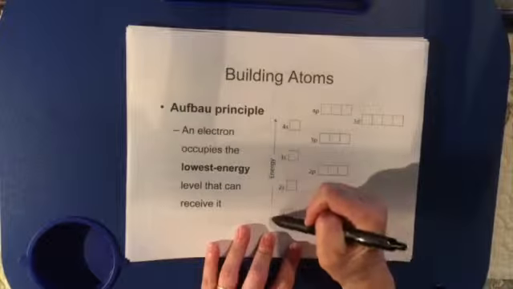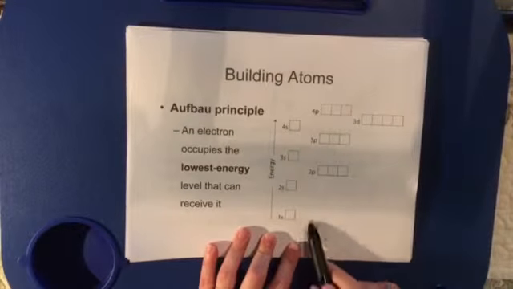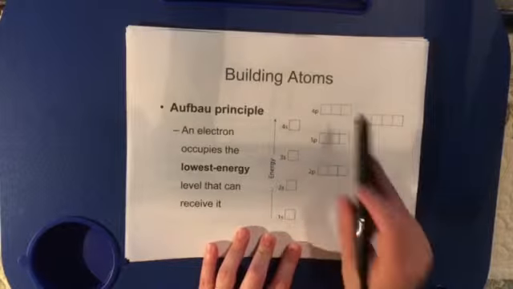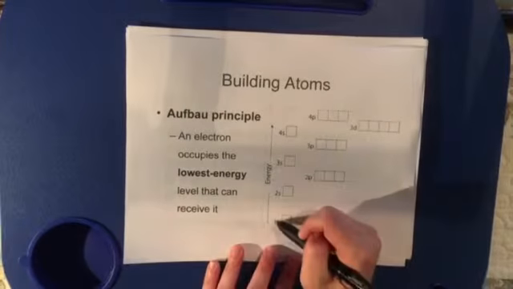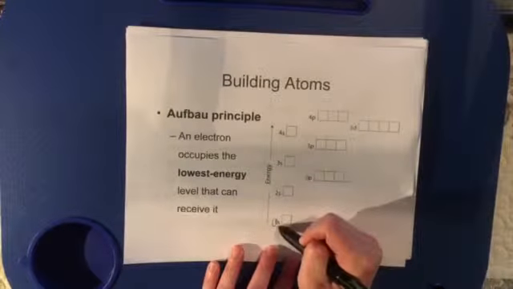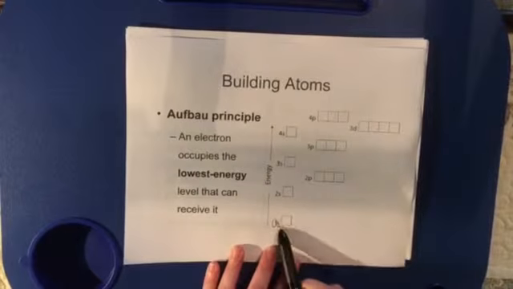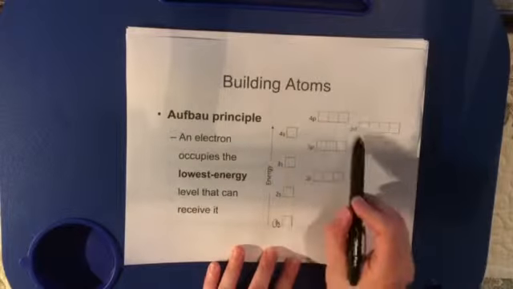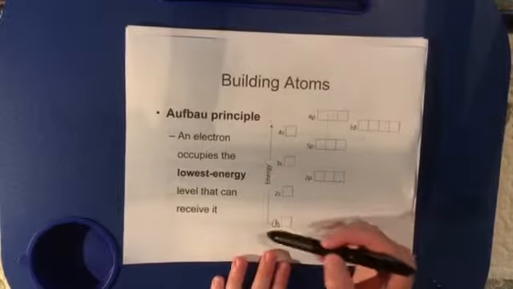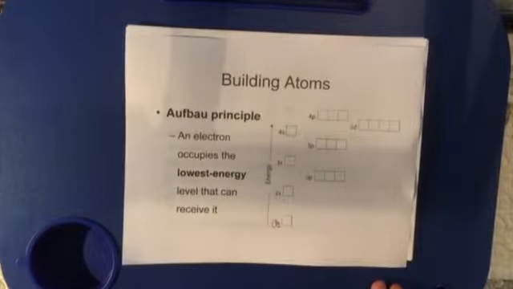And so here is energy going up, and here are the orbitals in terms of their energy. Instead of drawing the big fancy pictures, we just draw these orbitals as boxes. We say what their n energy level is, and then what type of orbital it is. So there's a 1s, a 2s, a 2p, 3s, 3p, 4s, 3d, 4p. And in energy, it increases going up.